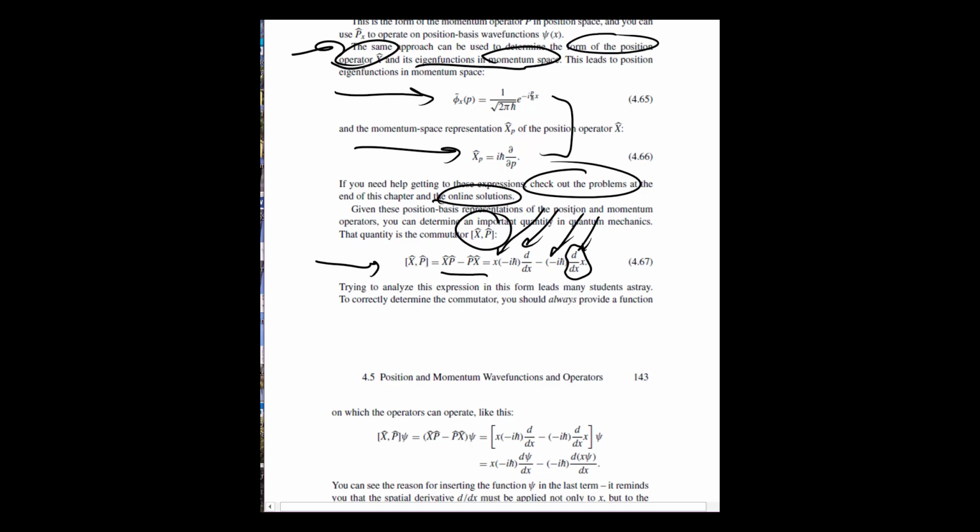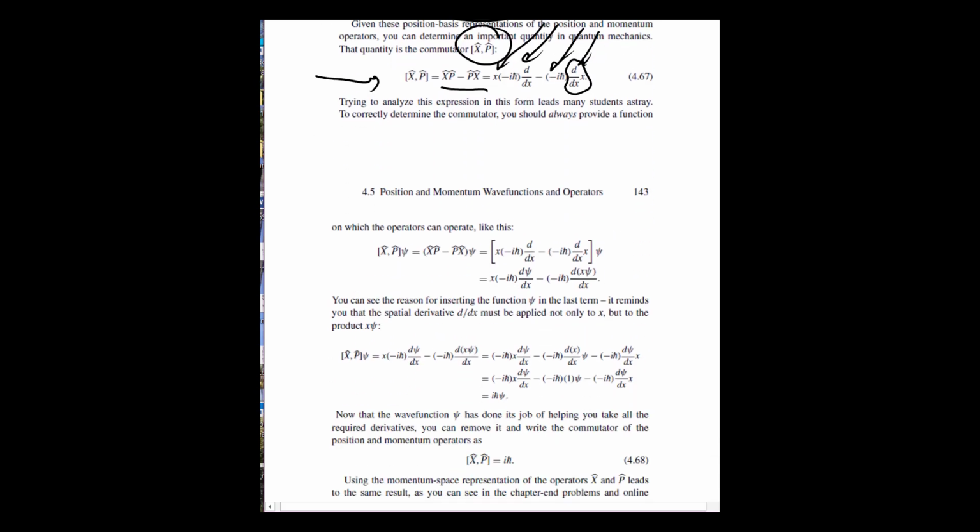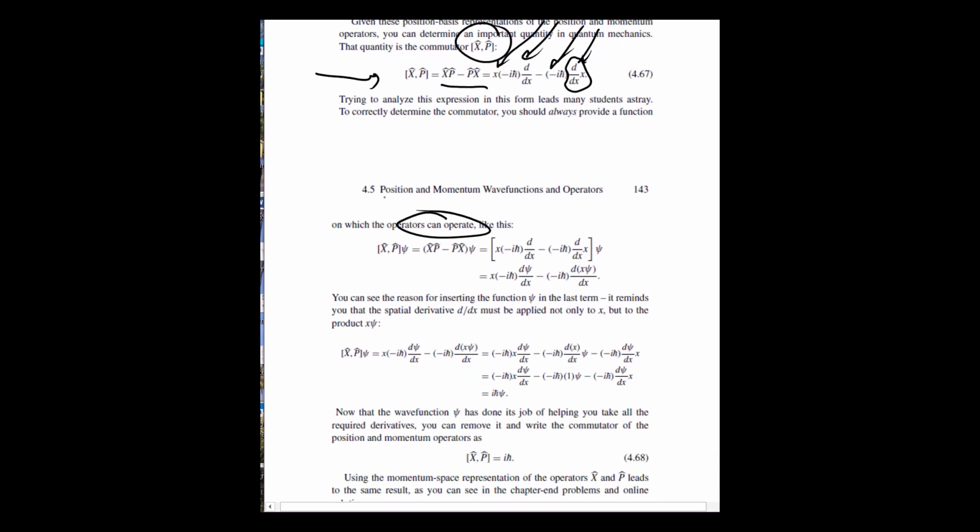But remember, when you're evaluating how operators work, it's really helpful to feed them something on which they can operate, like a function psi. So here's that psi, and when it moves inside and gets distributed, there's a term that's pretty straightforward.